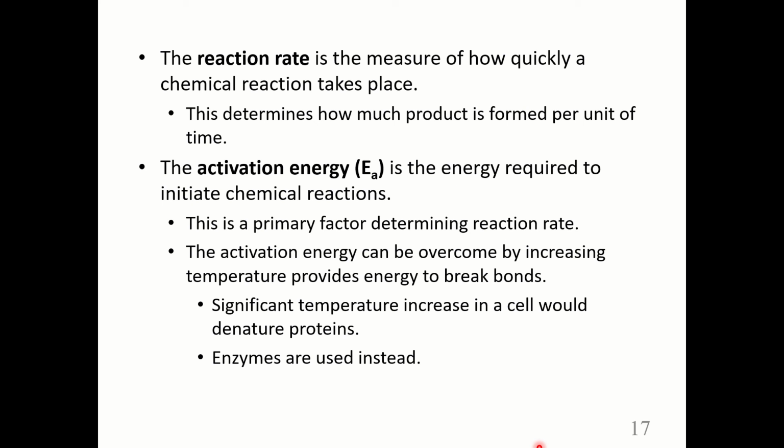This is a primary factor determining the reaction rate. The activation energy can be overcome by increasing the temperature, which provides energy to break bonds. Significant temperature increases in a cell would denature proteins, however, and thus enzymes are used instead.